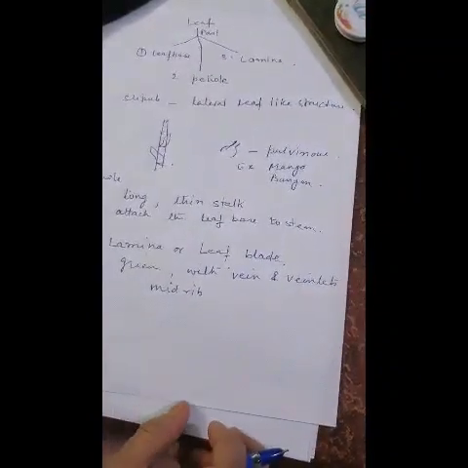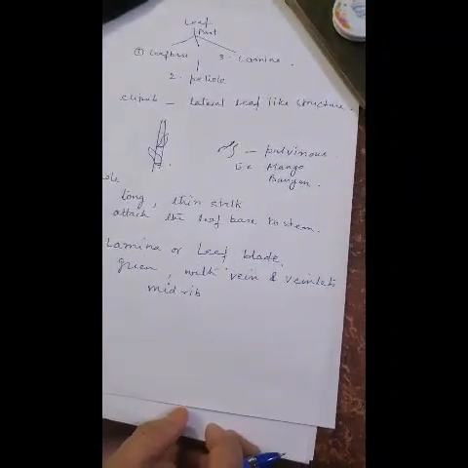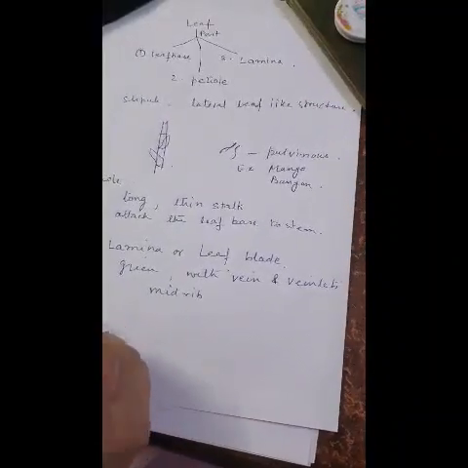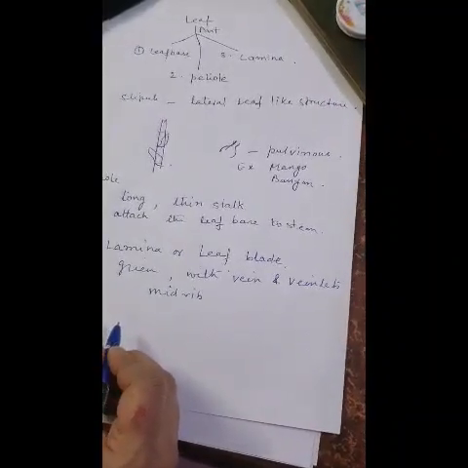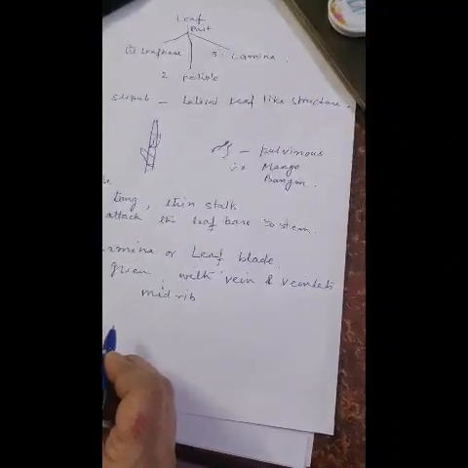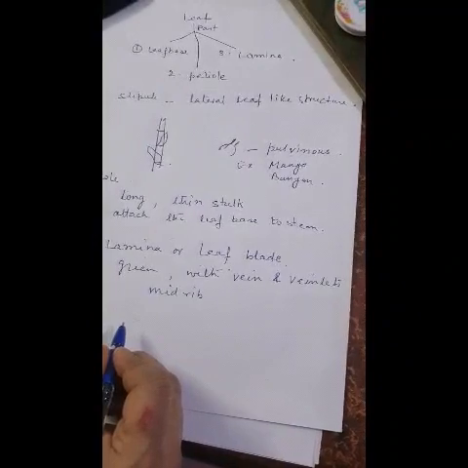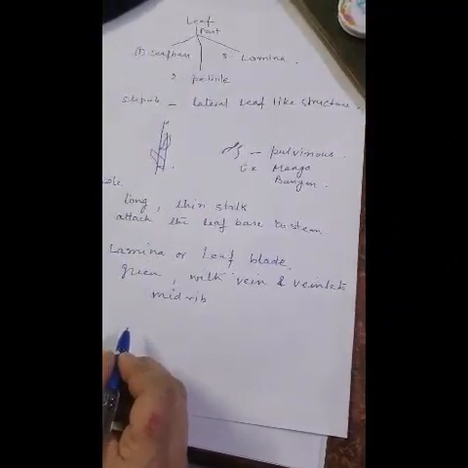Veins act as a channel to transport water, mineral and food material. Okay. Shape, margin, apex, surface and extent of incision of lamina vary in different leaves. Midrib divides the surface of the leaf blade.